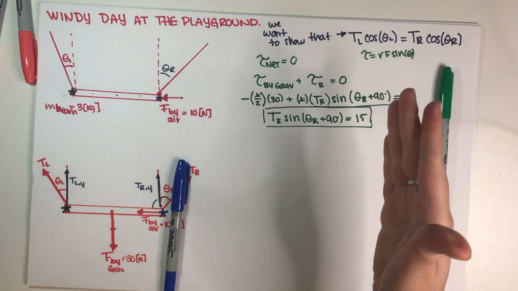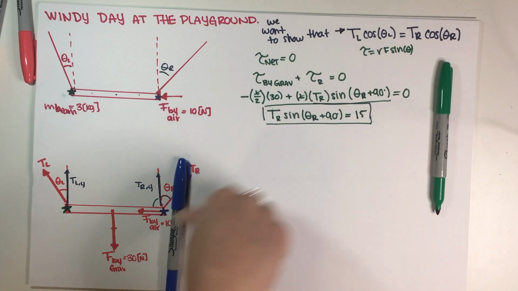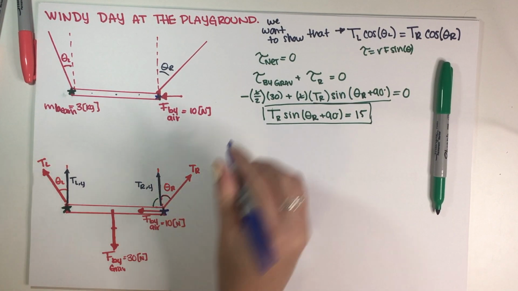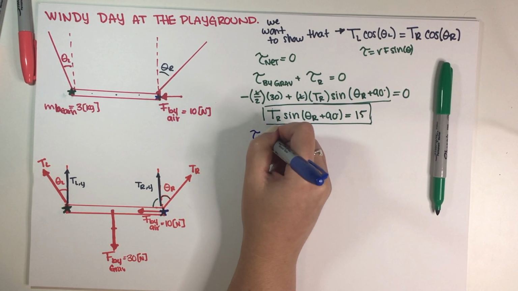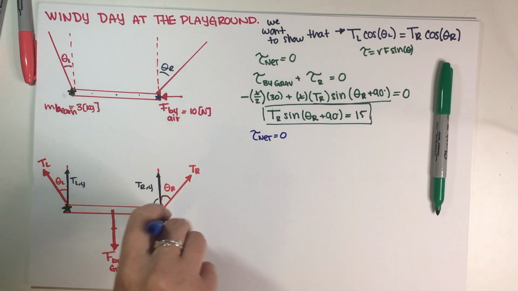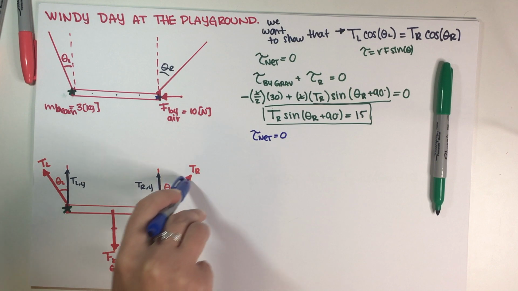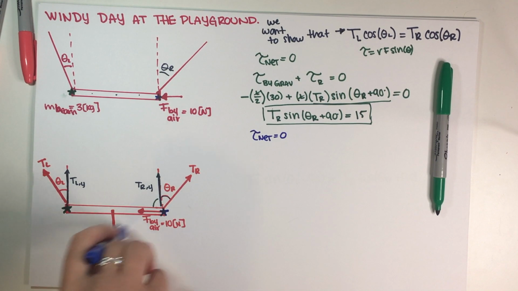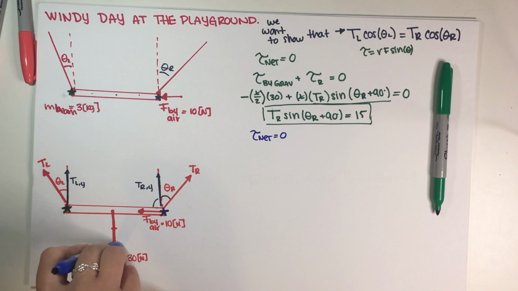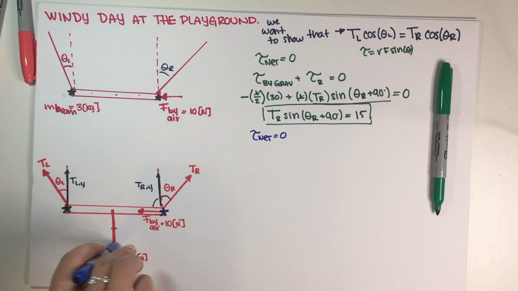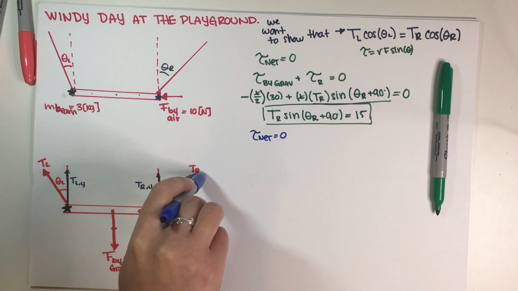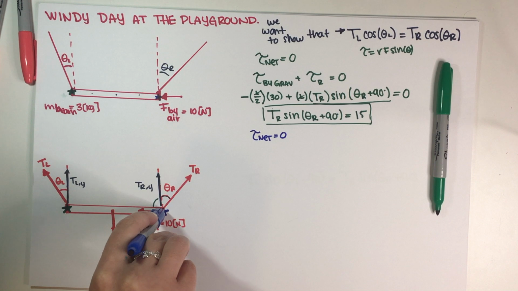Now I'm going to repeat my exercise, but now I'm going to balance my torques around the blue star. If I balance my torques around the blue star, how many of these four forces generate a torque? Well, dr is not generating a torque because it's being applied at the pivot point.